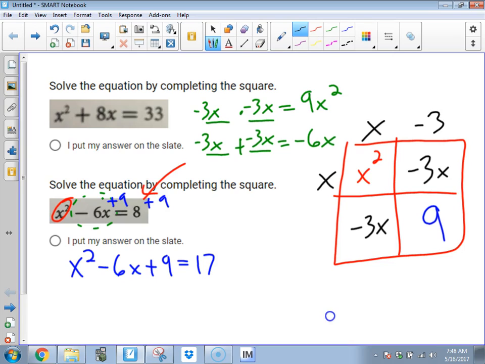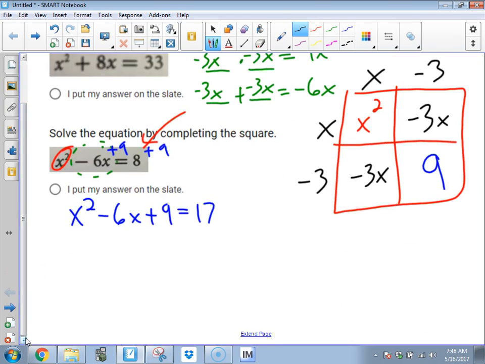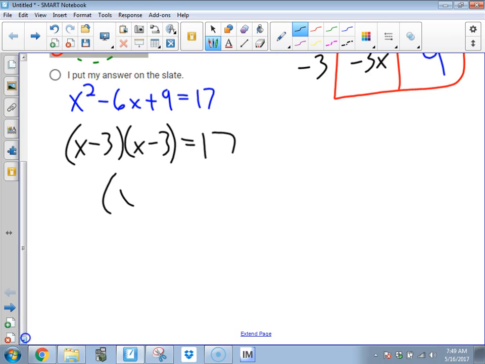Negative 3 here, negative 3 here. So then I have x minus 3 times x minus 3 equals 17. x minus 3 quantity squared equals 17.